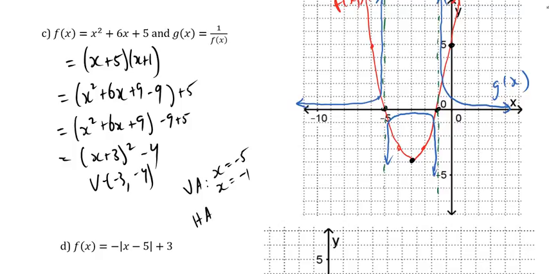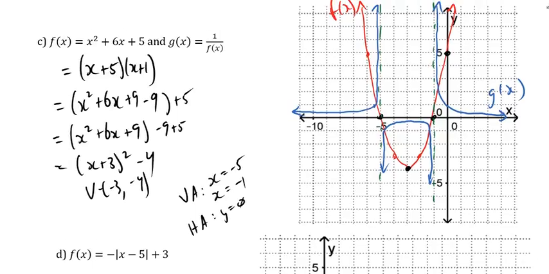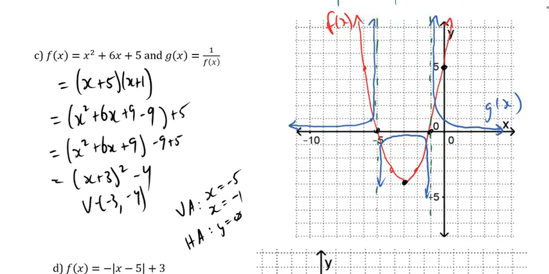It also has a horizontal asymptote at y equals 0, right? So I can identify the vertical asymptotes and the horizontal asymptotes. Any questions?